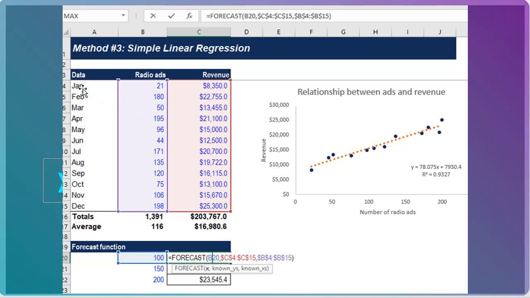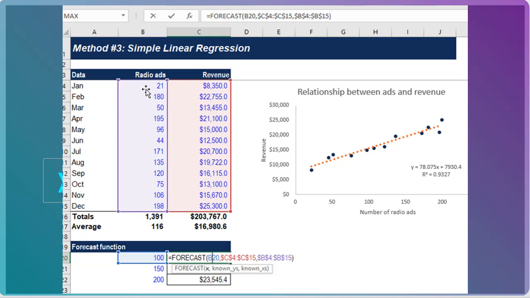If you notice here, they have the data set. In the first column they wrote the months, then the frequency of the radio advertisement, and on the third column the revenue is listed alongside the frequency of the radio advertisement.